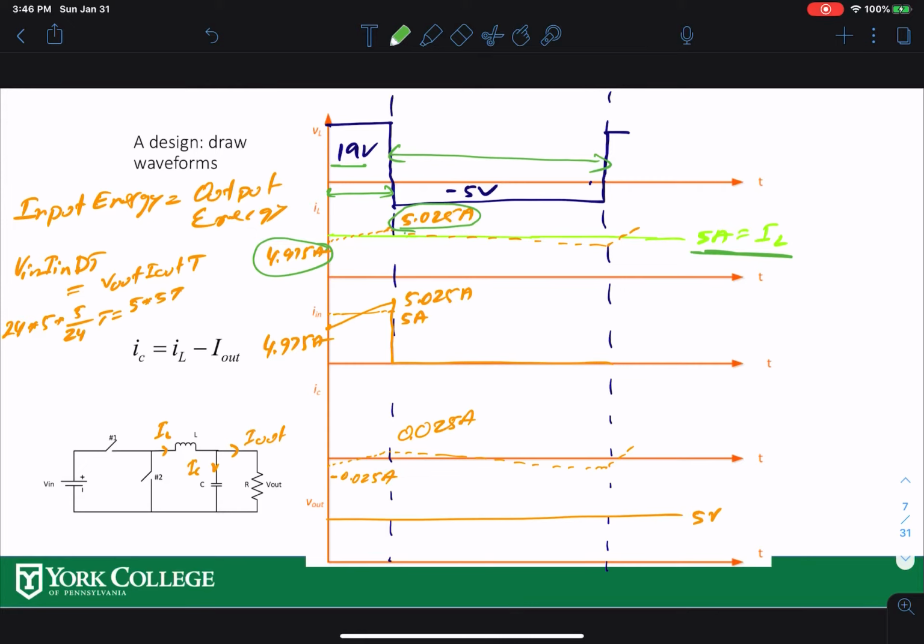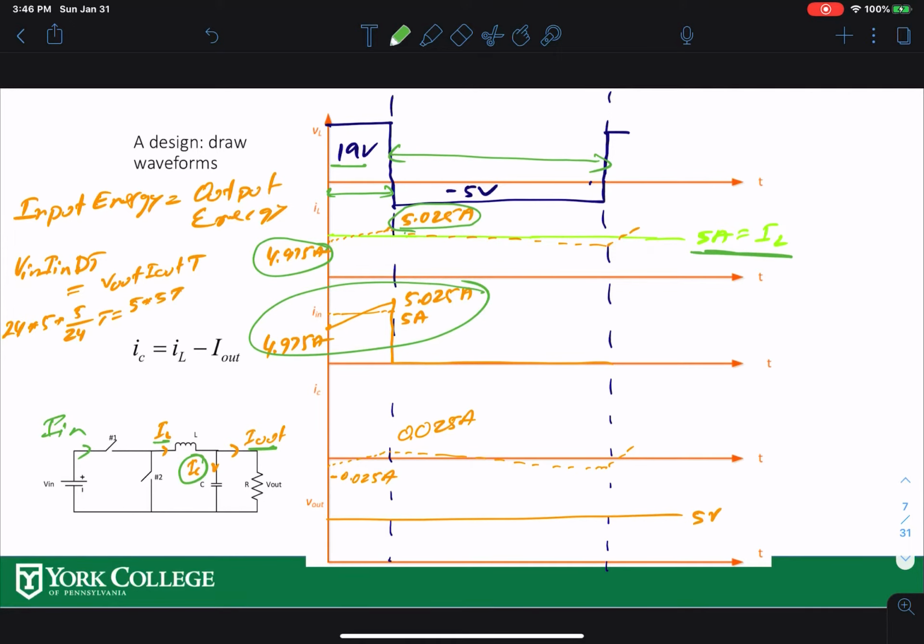Then your input current: if you look at the circuit, the input current I in is only connected when switch 1 is on. That's why your input current is only part of the inductor current, when switch 1 is on. And look at IC. When switch 1 is on, your IL comes in and there are 2 branches, right? Your output current is 5 amps, and average IL is also 5 amps, so only the ripple goes into the capacitor for this particular converter.